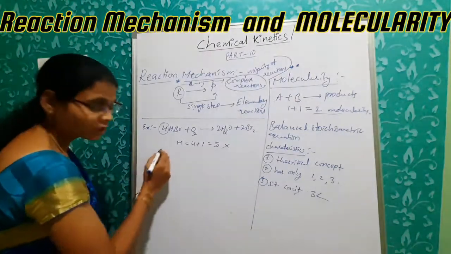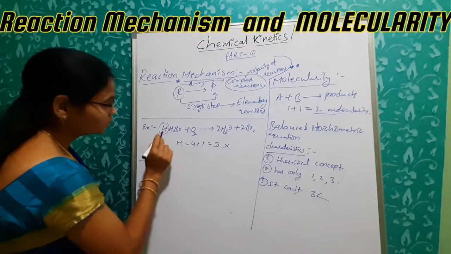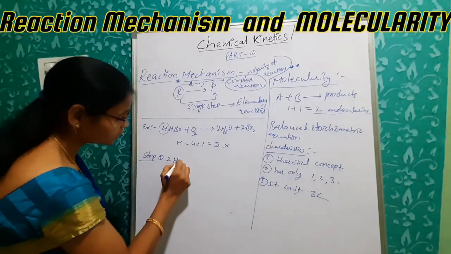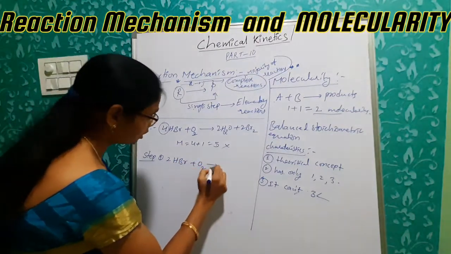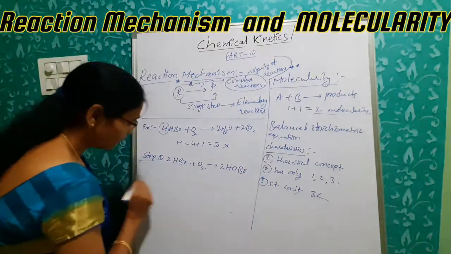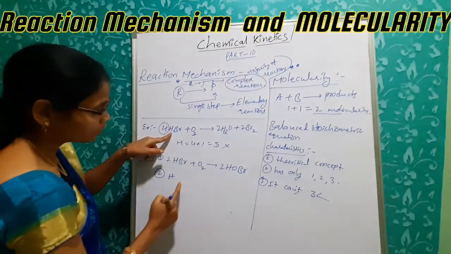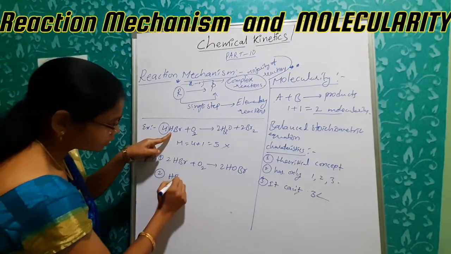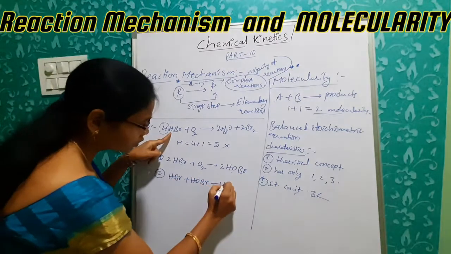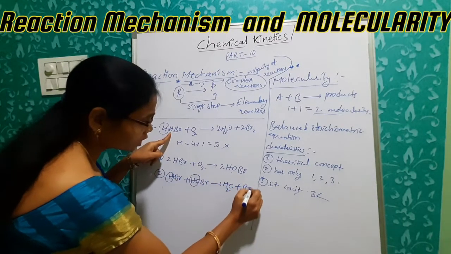Now I will show you the mechanism. Step 1: from 4 moles of HBr, first 2 moles of HBr react with oxygen to give 2 moles of HOBr. Now in the second step, 1 mole of HBr reacts with 1 mole of HOBr to give, with OH removed as a water molecule, Br2.